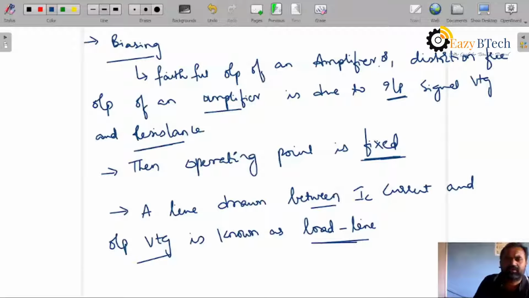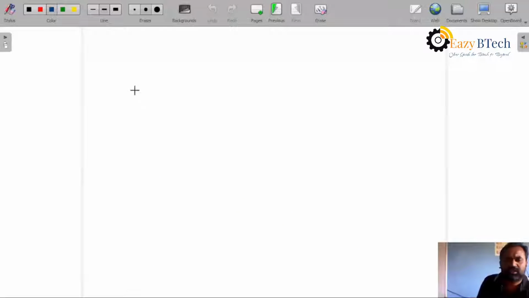Now suppose you take a common emitter configuration. For a common emitter configuration, the output response may be like this.